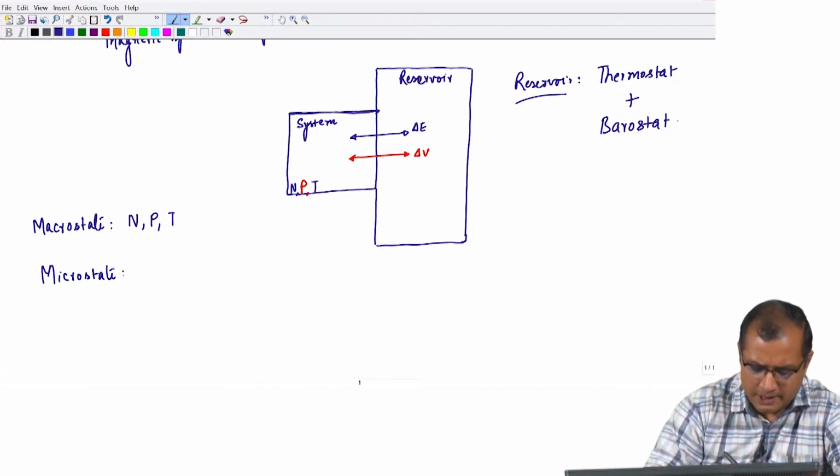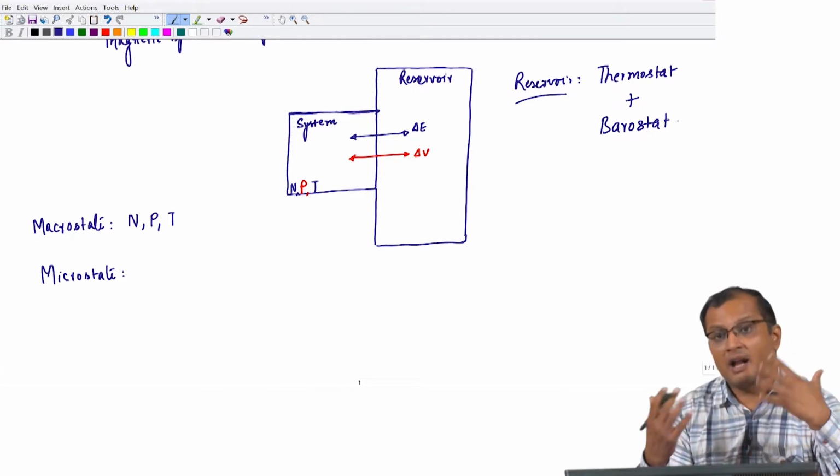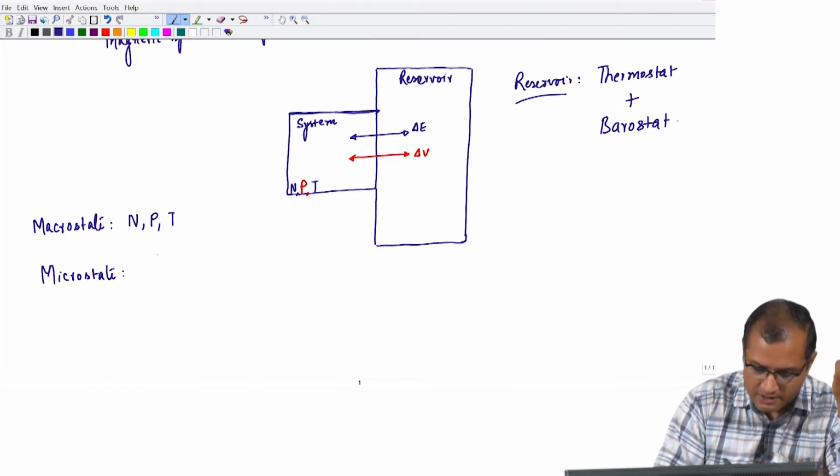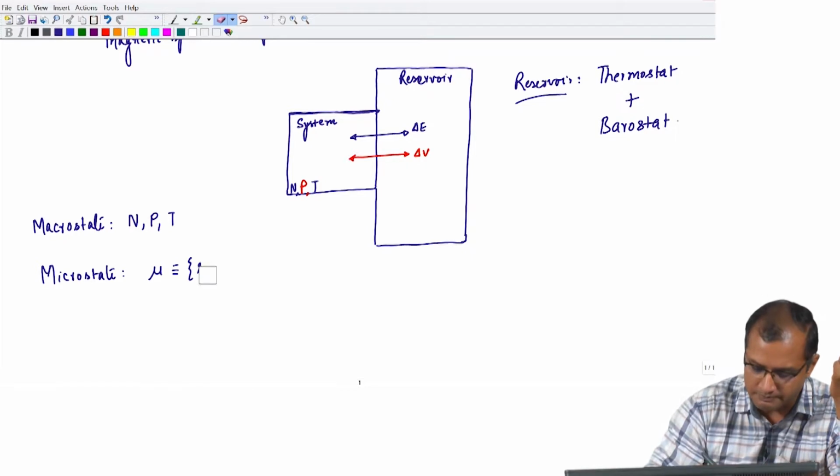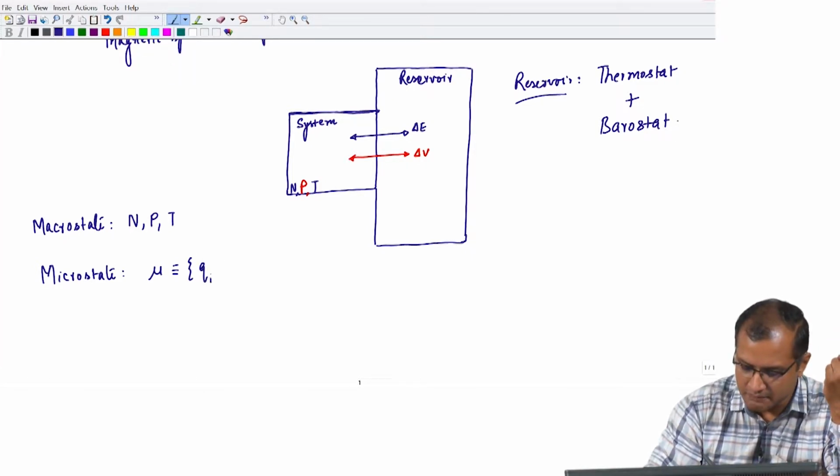The corresponding microstates, there are a large number of these microstates. They are specified as some mu, which is nothing but the set of values of position and momentum.